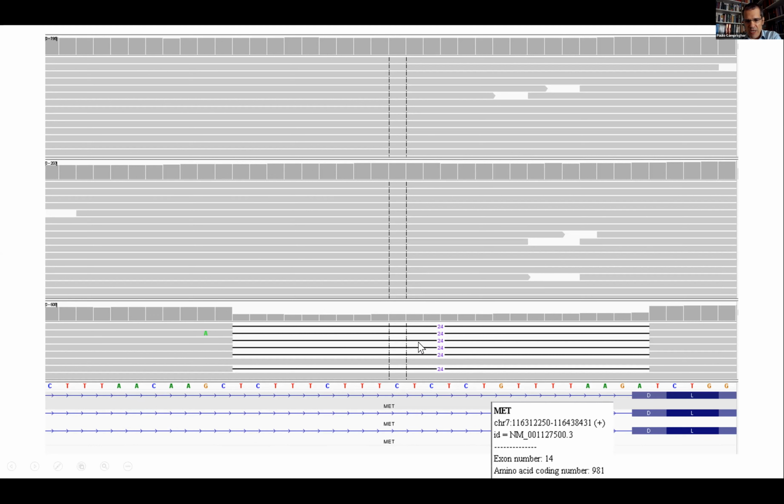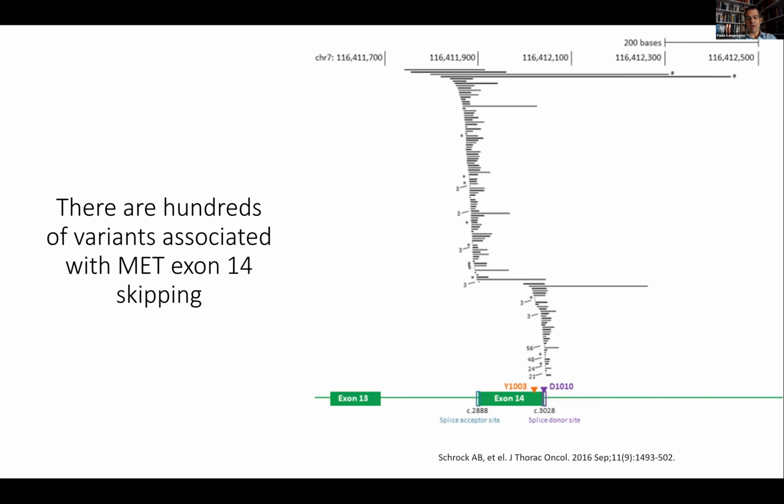We see here a 24 nucleotide deletion, and it's exactly here on the border of exon 14 with intron 13, right? It only deletes the first nucleotide of the exon, but it deletes the canonical splice site, right? So the first hypothesis is that this is an exon 14 skipping event.